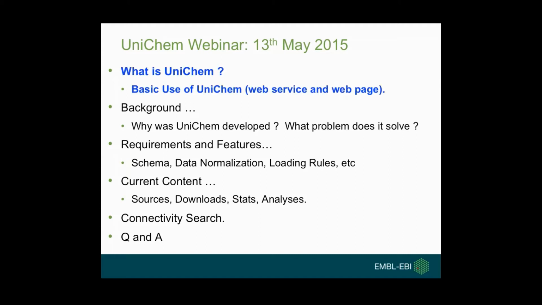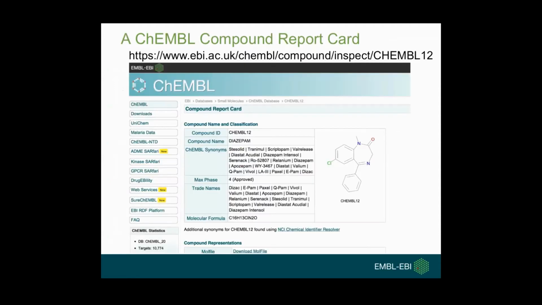So, first section, what is UniChem? Many resources on the internet which have small molecule information within them have pages specifically for individual molecules within those sources. For example, the ChEMBL resource here: this is a page for the compound ChEMBL-12.